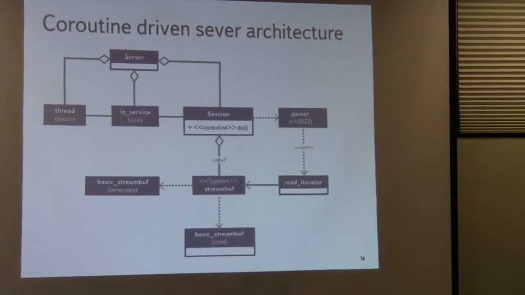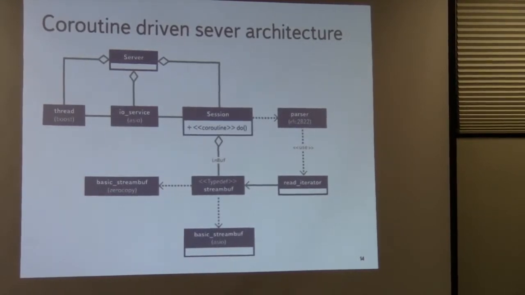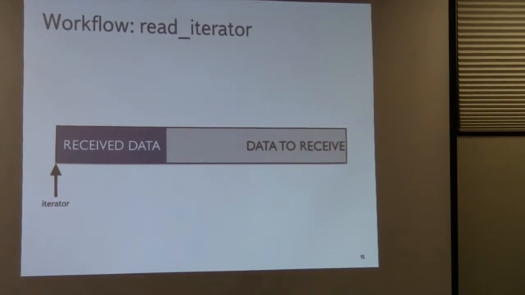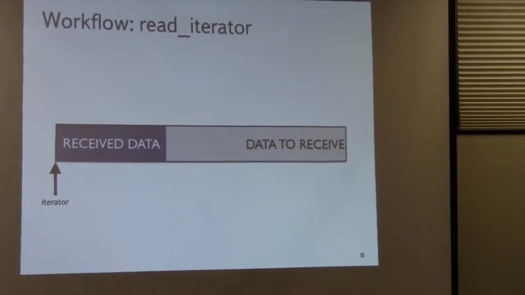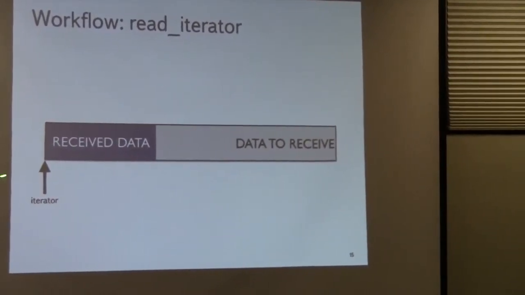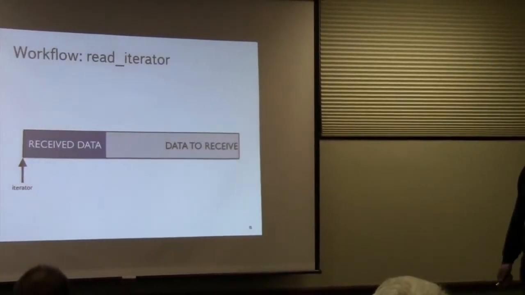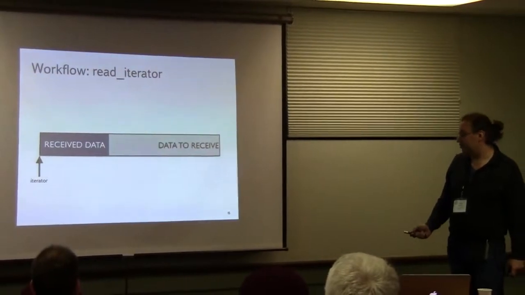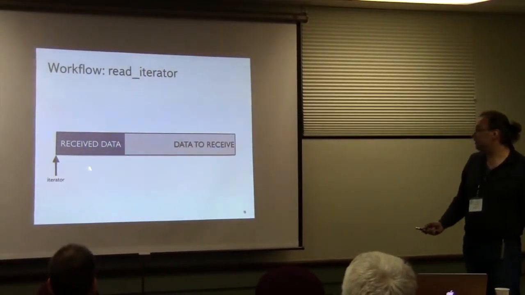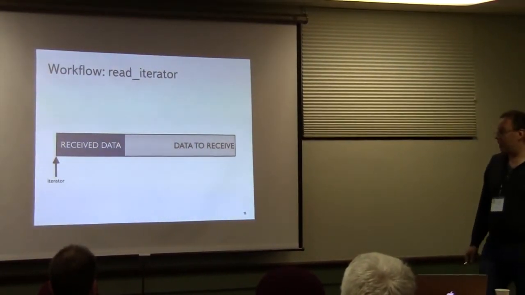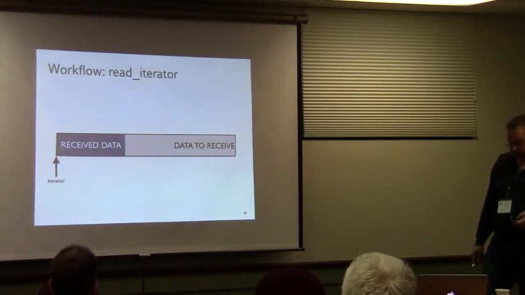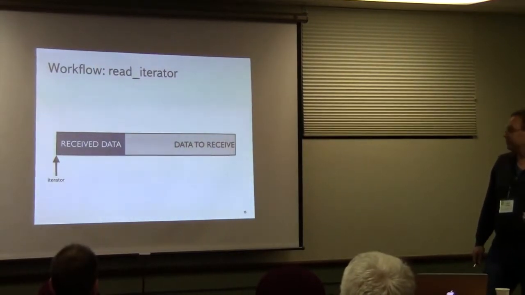The next slide shows how it works. Well, we have some data which we already received, part of the data, and of course we have an iterator at the beginning of this data, and now we begin to process the data.